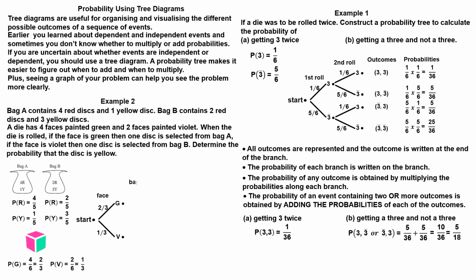If the face is green, we select 1 disc from bag A, and the probability of red is 4/5, and the probability of yellow is 1/5. If the face is violet, we select 1 disc from bag B, and the probability of red is 2/5, and the probability of yellow is 3/5.